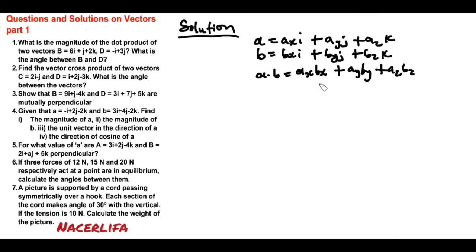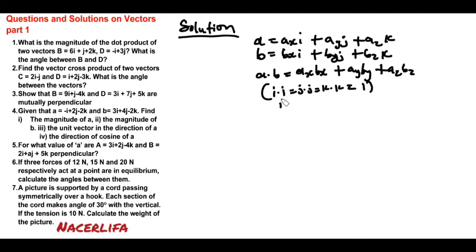Dot product is multiplication, but in dot product multiplication, you have to take note of these sign conventions. When you dot i to i, j to j, k to k, it gives you what? 1.